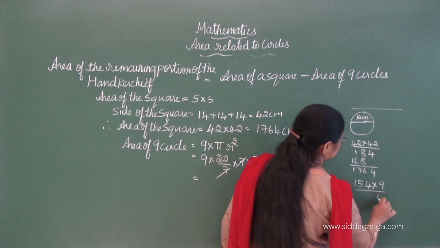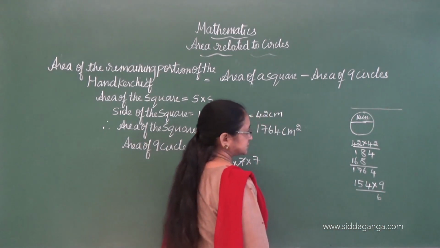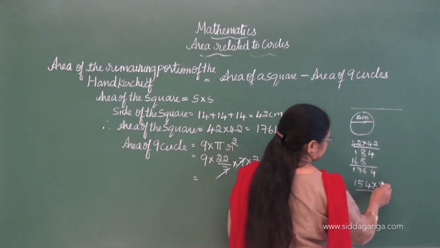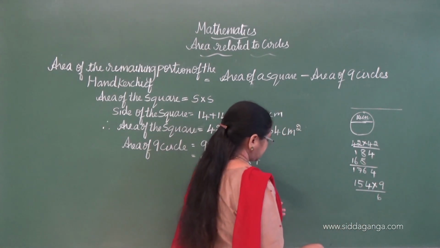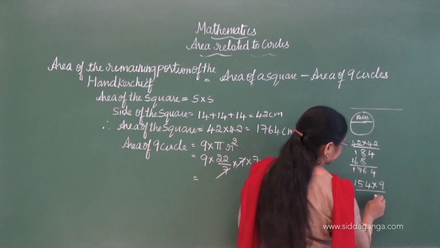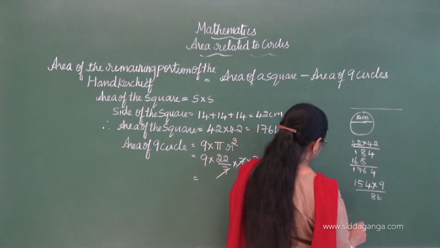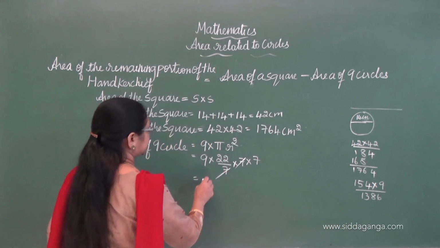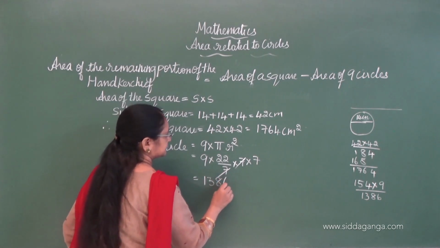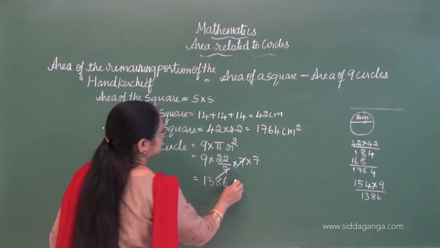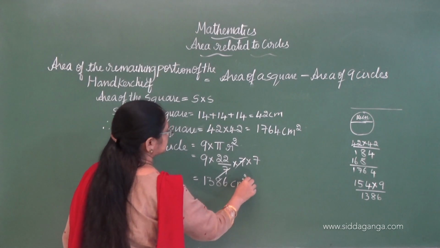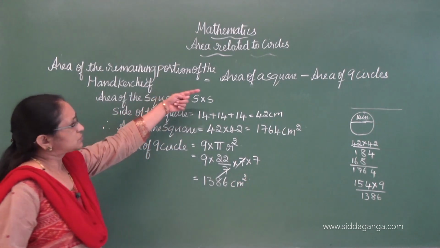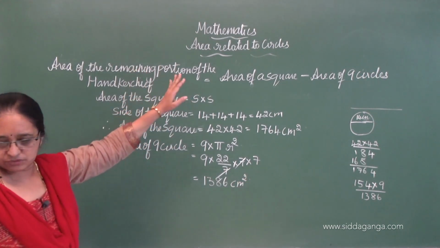9 4s are 36. 3 9 5s are 45. 45 46 47 48. 9 1s are 9, 10 11 12 13. 1386. Correct? Area, so centimeter square. Now you come back to this. How will you do it?